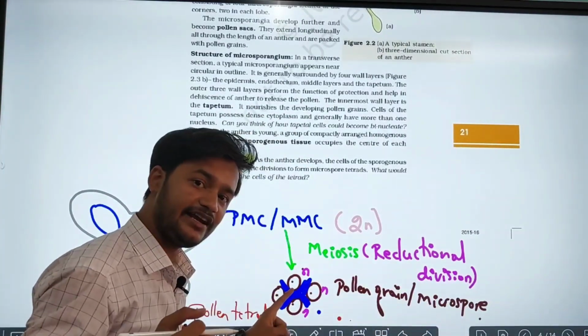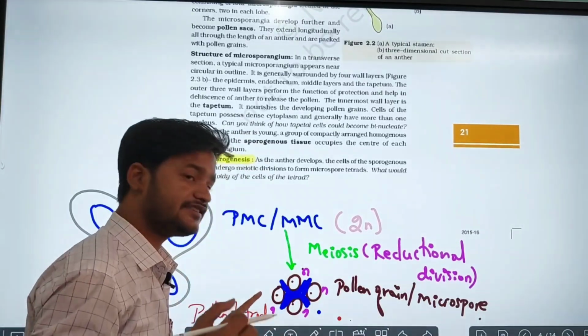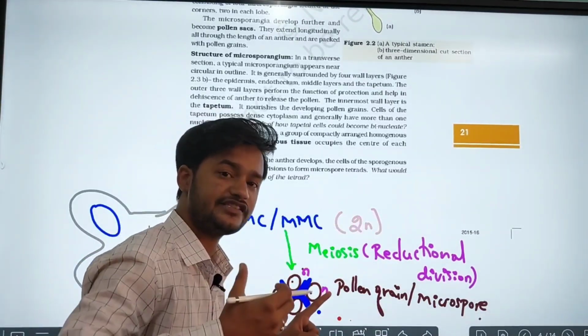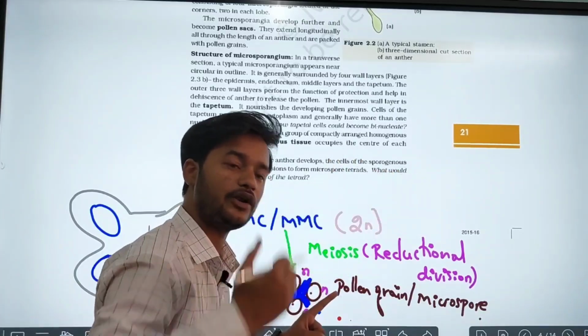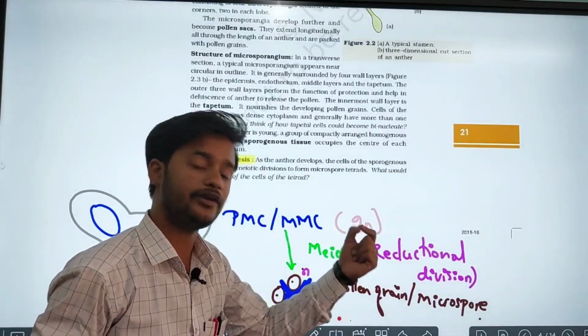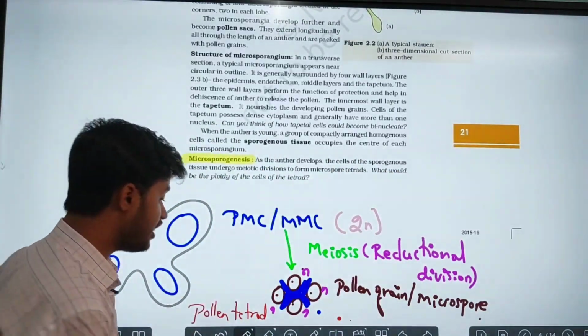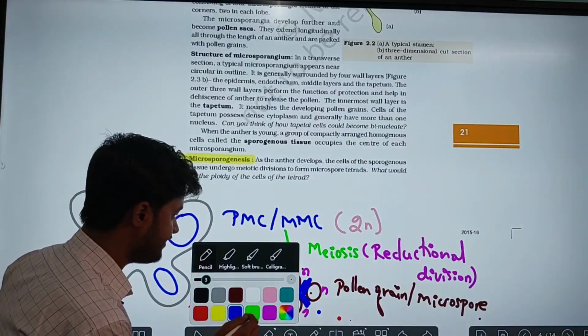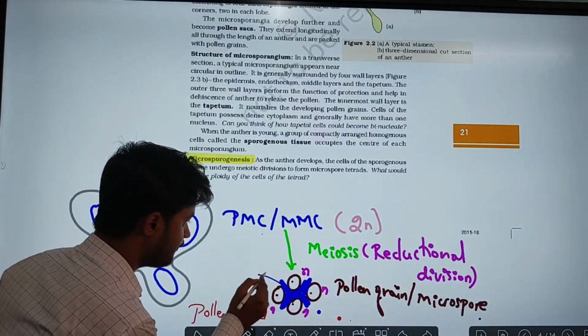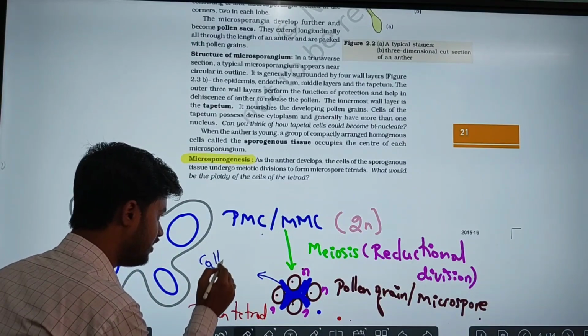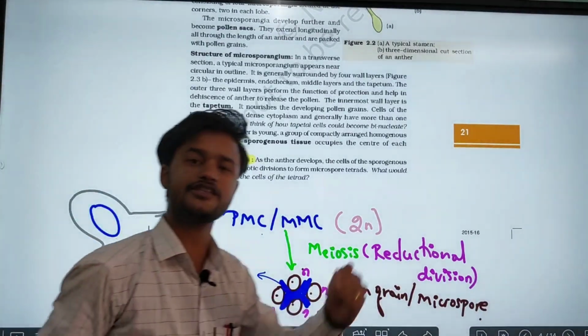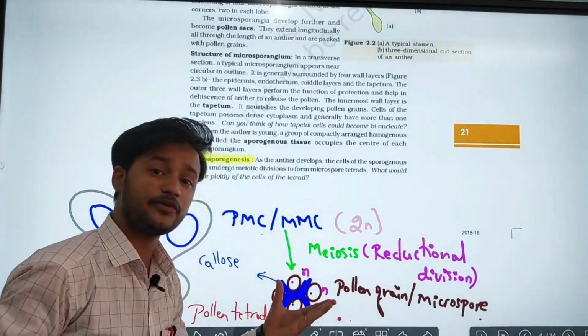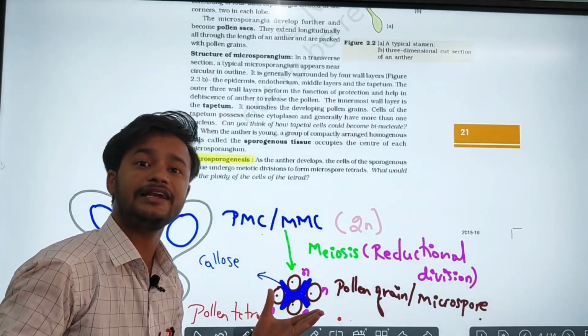What is the name of this polysaccharide? Callose. Callose is a polysaccharide responsible for the formation of the pollen tetrad.